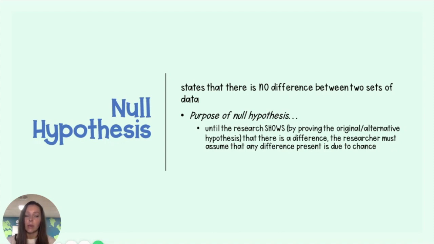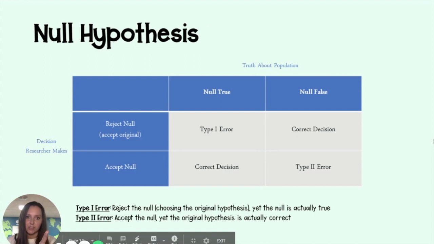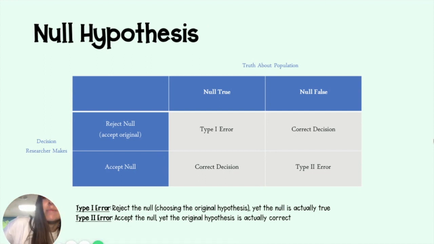So stick with me. I'm going to give you an example that's going to probably make this a little bit more clear after this. So you have the null hypothesis and you can either accept it or reject it, and then we'll figure out if the null hypothesis was either true or false.